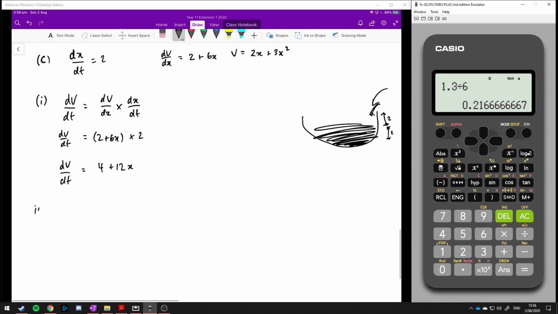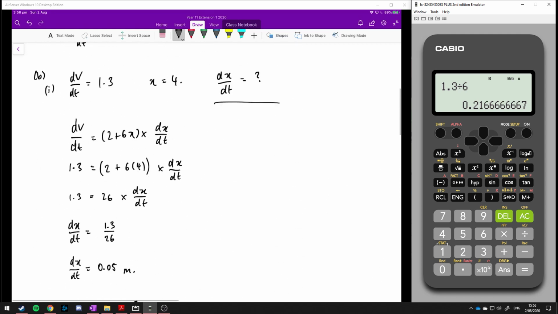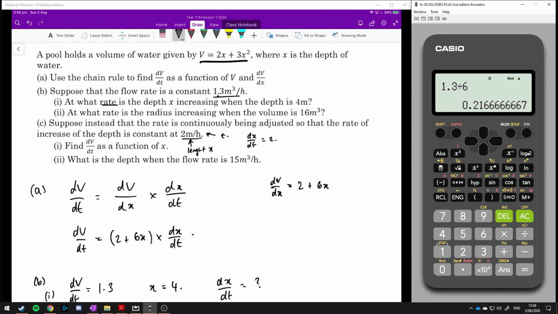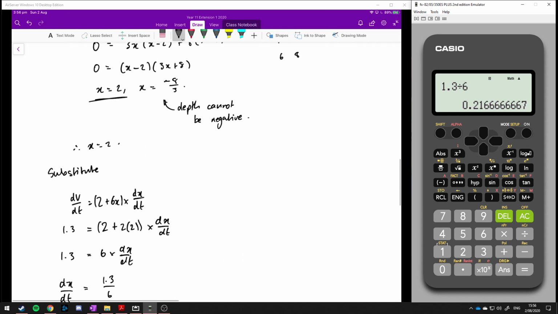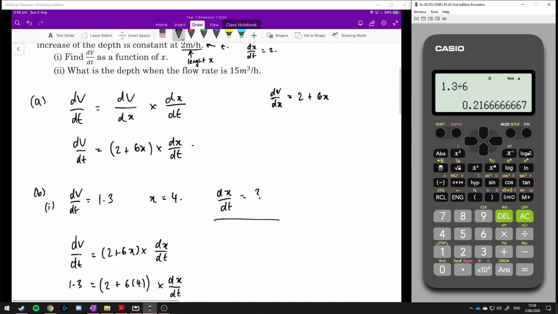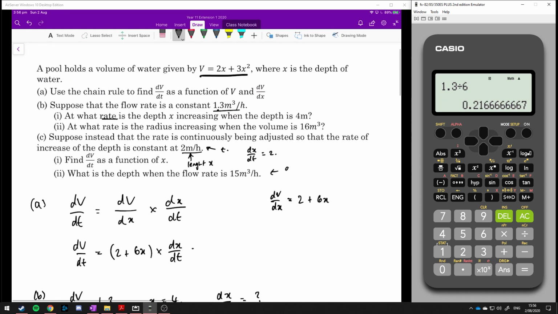Now part II says, what is the depth of the water when the flow rate is 15? So the flow rate here is our dv dt, because it's volume over time.